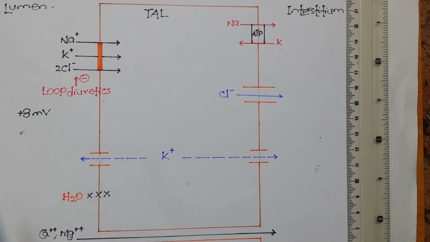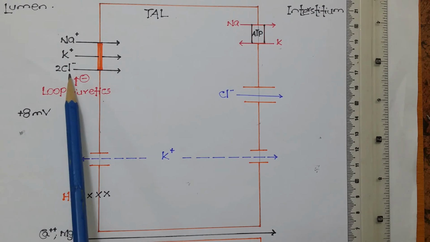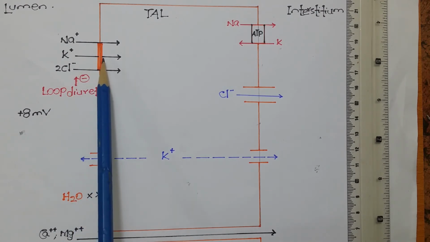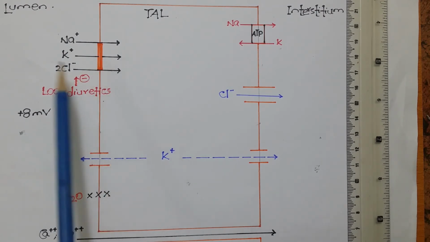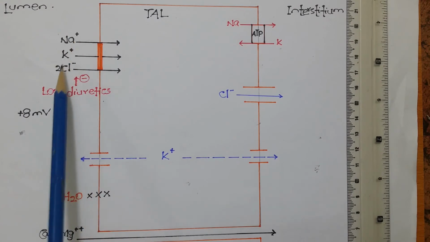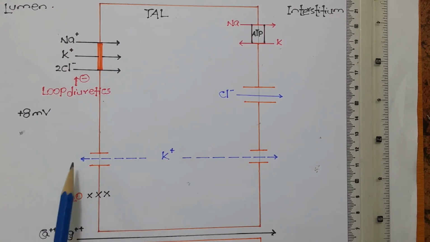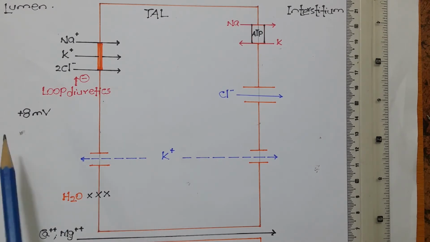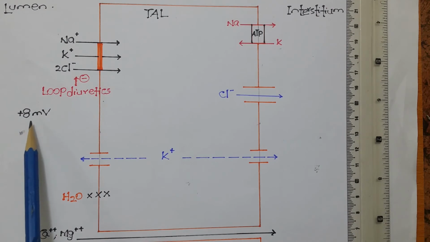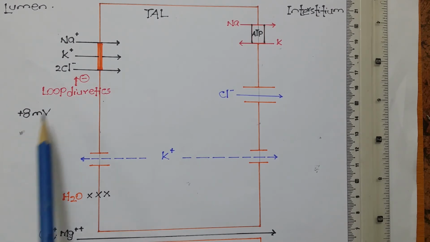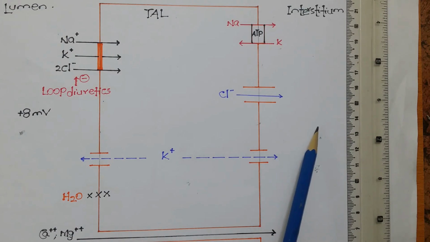So even though the sodium-potassium-chloride co-transporter in the apical membrane reabsorbs equal amounts of positive and negative ions, the big leak of potassium through the potassium channels in the apical membrane causes a slightly positive charge of about plus 8 millivolt in the tubular lumen as compared to the interstitium.